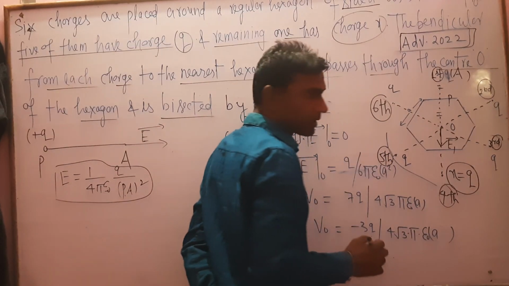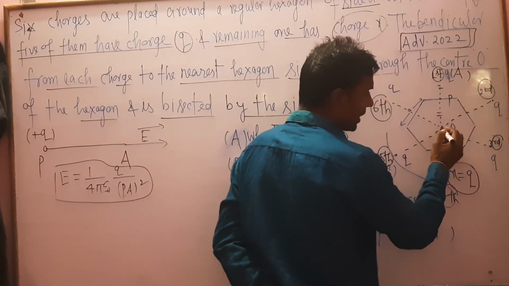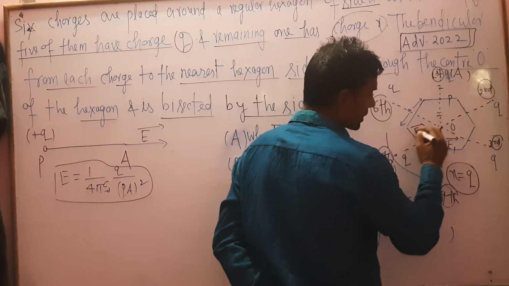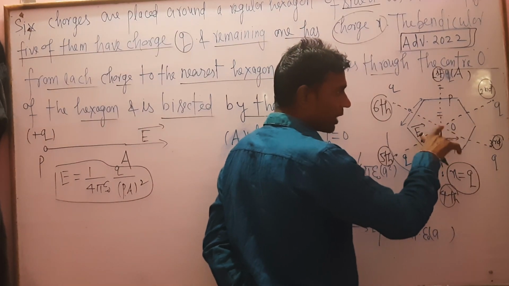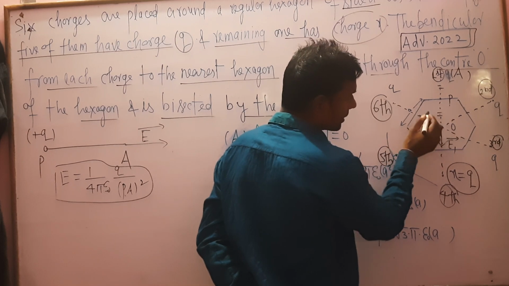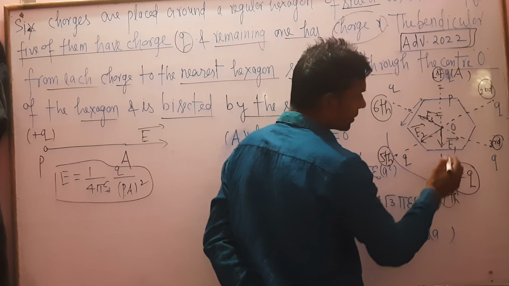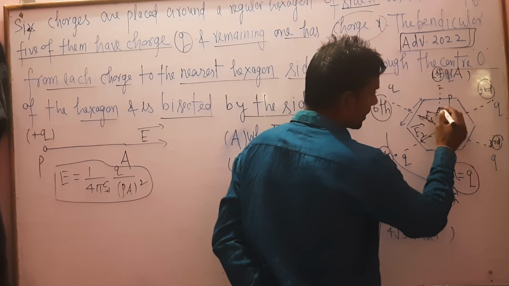Similarly, due to the second charge Q, the direction of the electrical field will be away. This is the E2 vector. Similarly, due to the third charge, the value and direction of the electrical field at point O will be away. Let us suppose this is E3. Similarly, due to the fourth charge, this is E4.